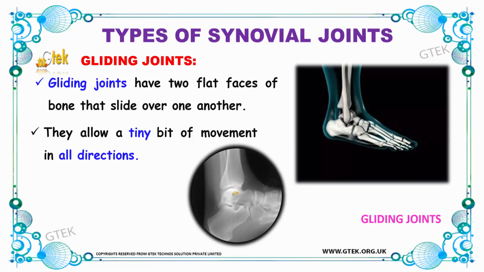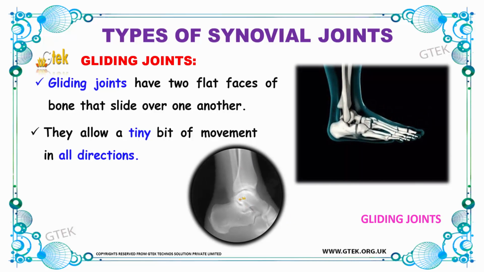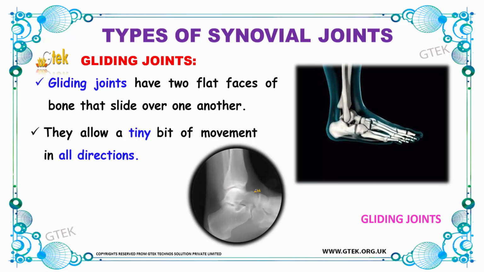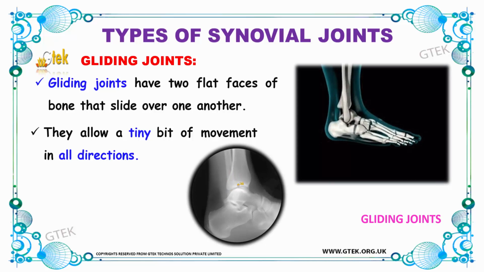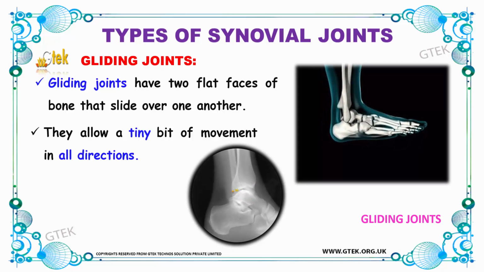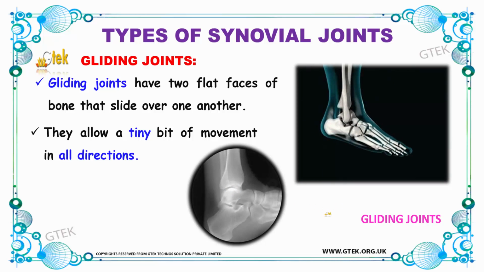If you see over here, we have two joints, and they have two flat faces that slide over one another, and they allow a small amount of movement which enables our foot to move. So this is the gliding joint.